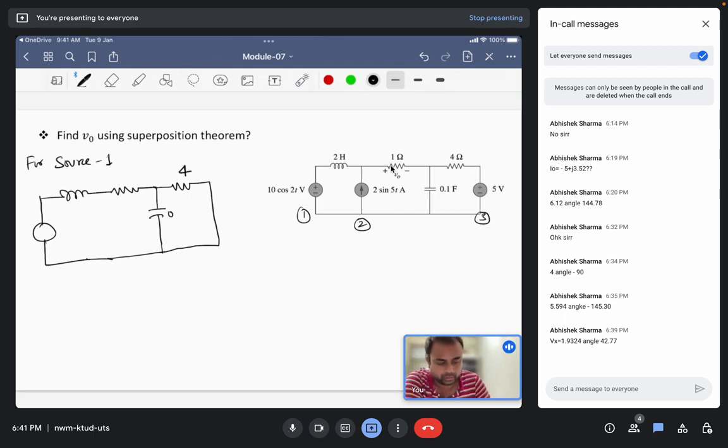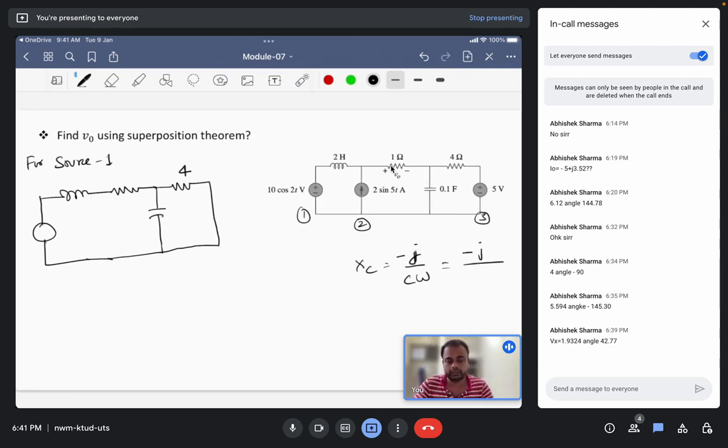Again these values are not given in impedance terms, so we have to convert them. The capacitive impedance is 1 by C omega, so minus j by C omega actually.